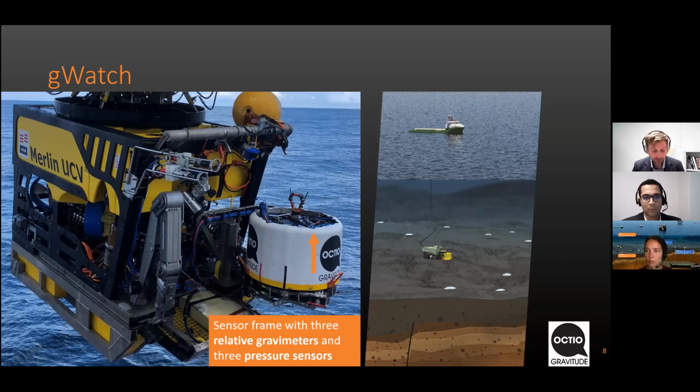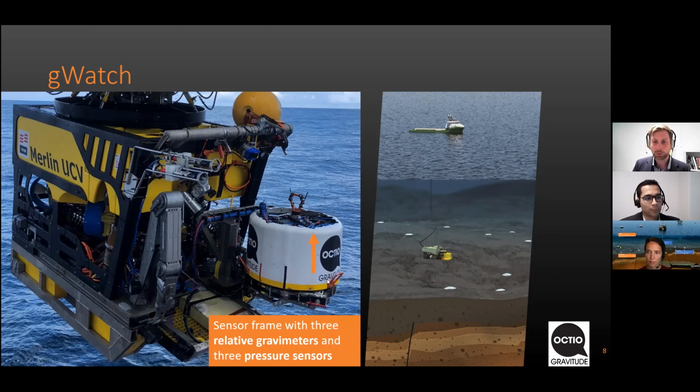These concrete platforms are placed at some distance from each other. As a rule of thumb, we use the same concrete platform separation as the depth from the seabed down to the reservoir. So if there is 1 kilometer from the seabed down to the reservoir, these concrete platforms are usually placed 1 kilometer away from each other.